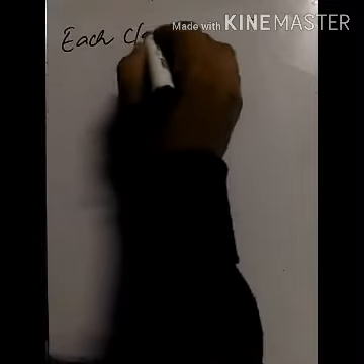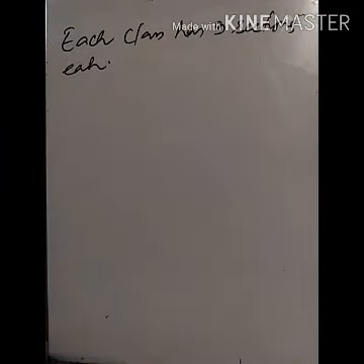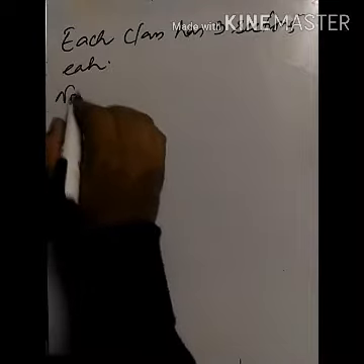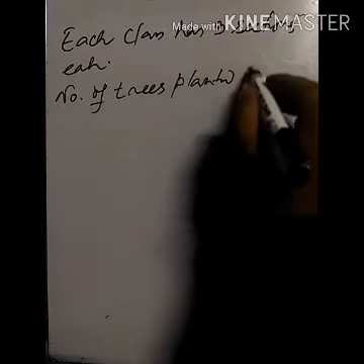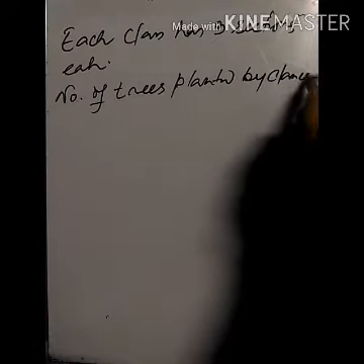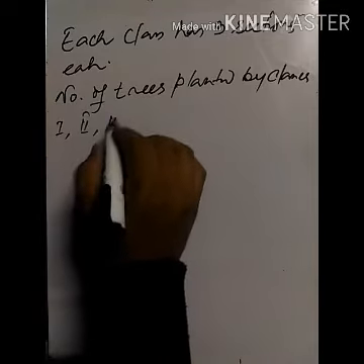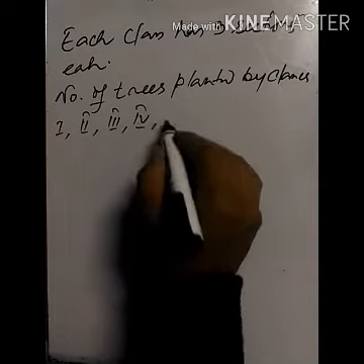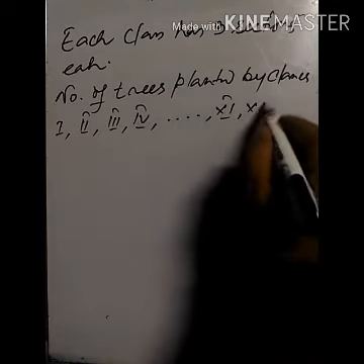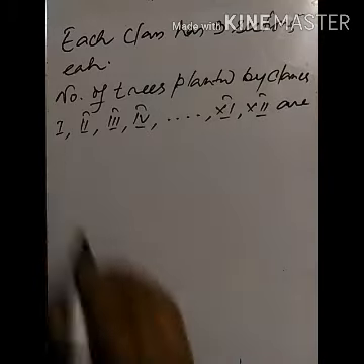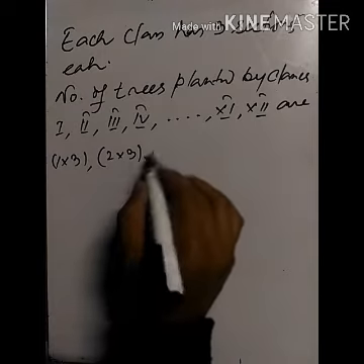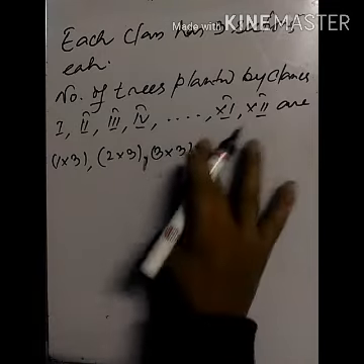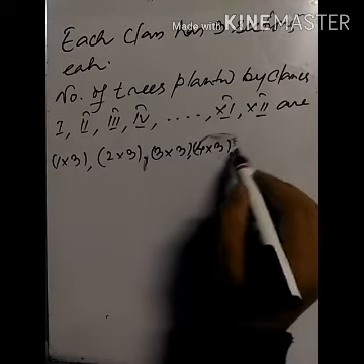Each class has 3 sections each. Okay, so the number of trees planted by classes 1, 2, 3, 4, and then 11, then 12 are 1 into 3, 2 into 3, 3 into 3, 4 into 3, and so on.